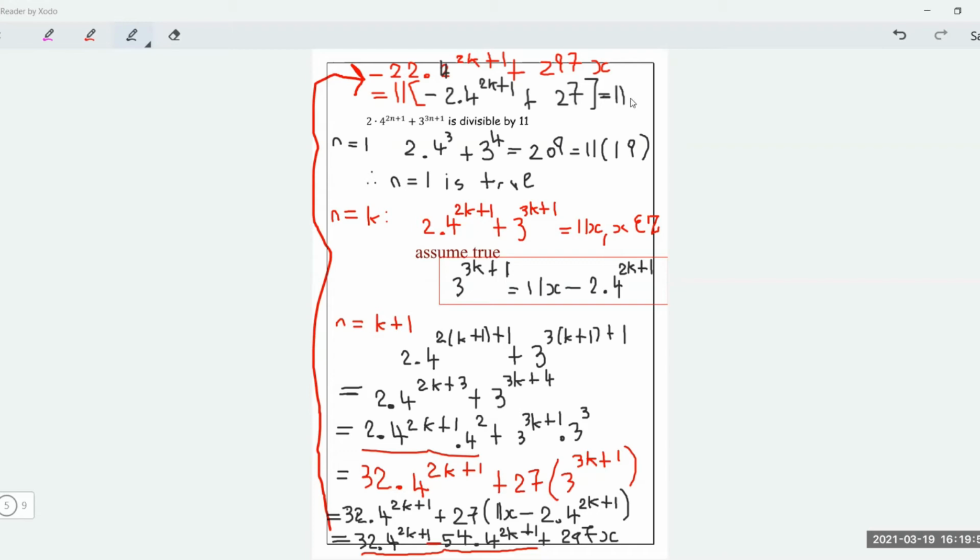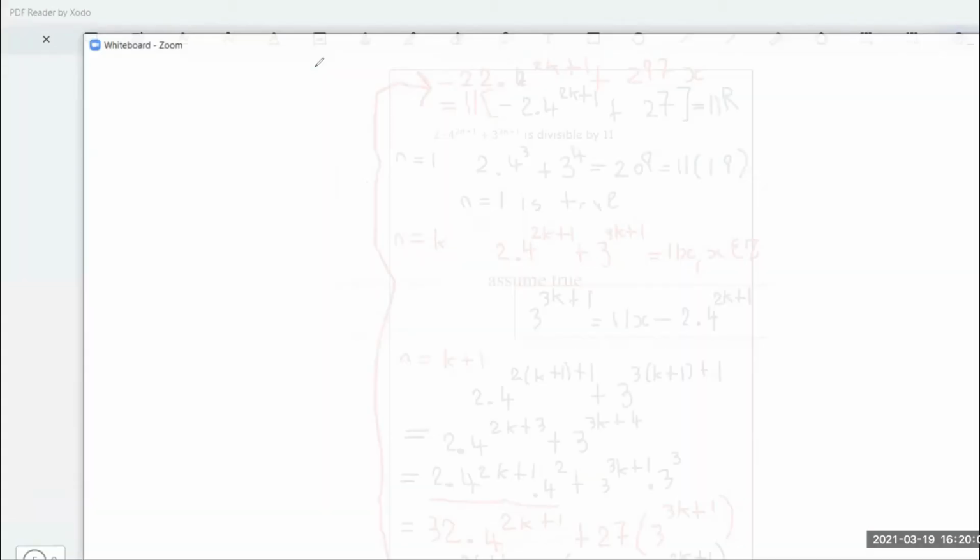Let's call it R. And so therefore, n equals k plus 1 is true. Just to say we write it down, you would write, therefore, n equals k plus 1 is true.